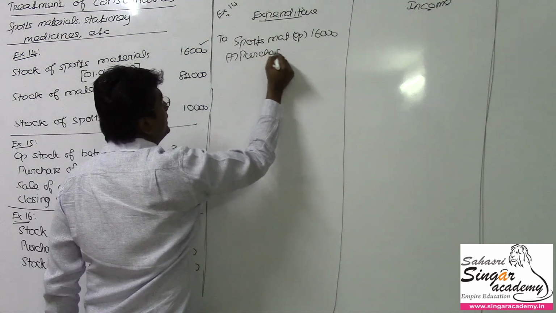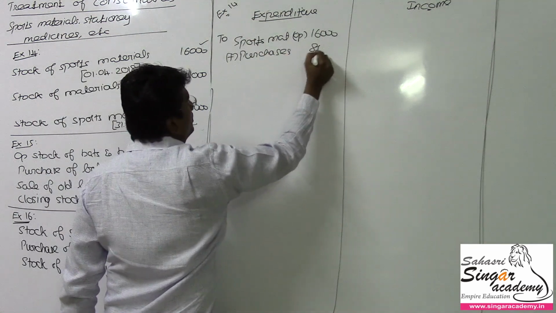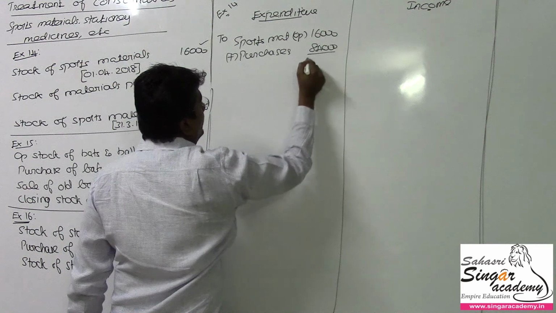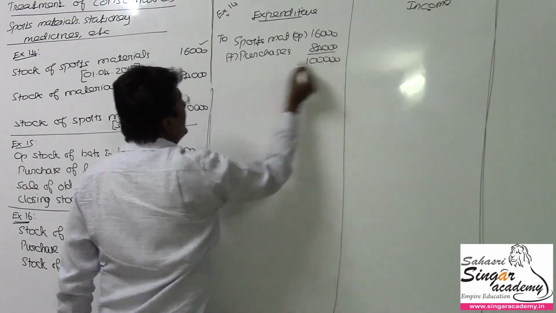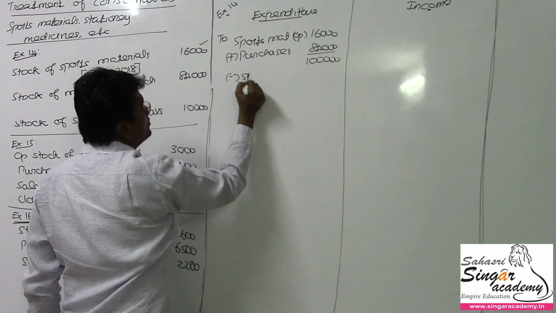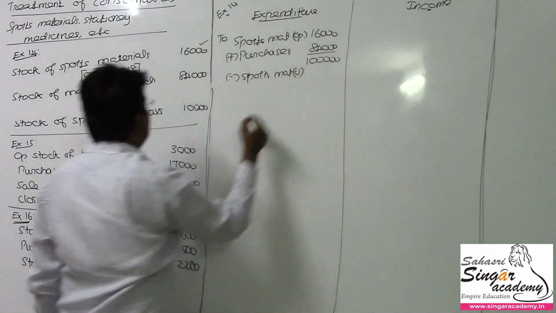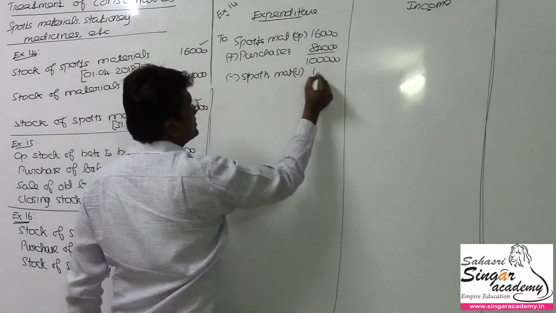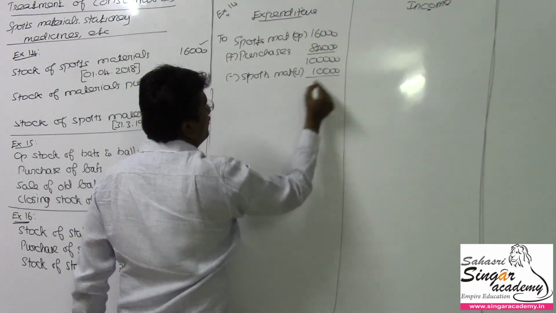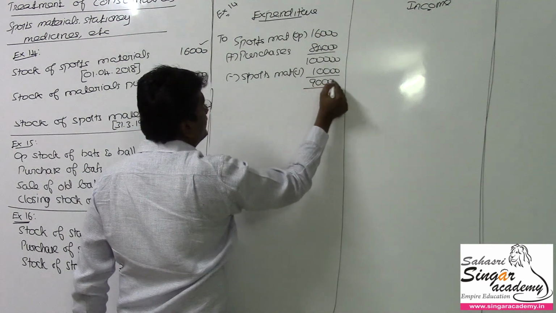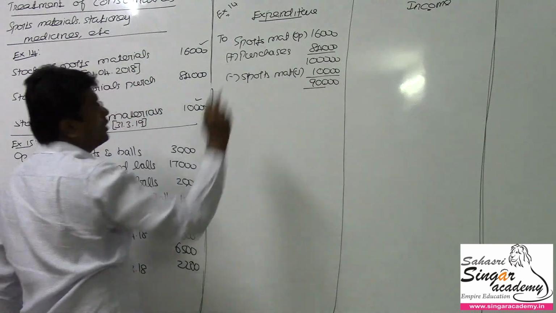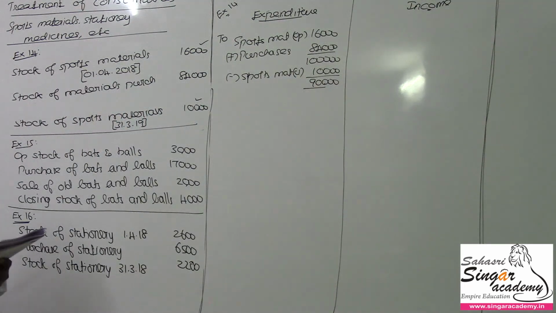Purchases during the year 84,000, 1 lakh, minus sports material closing, the value being 10,000 rupees. So the balance value will be 90. That is going to be debited in the expenditure side.